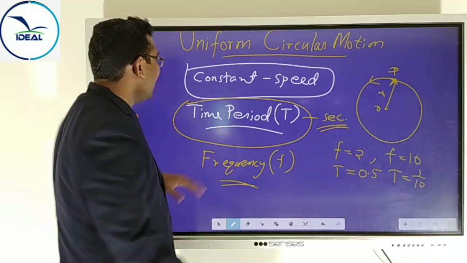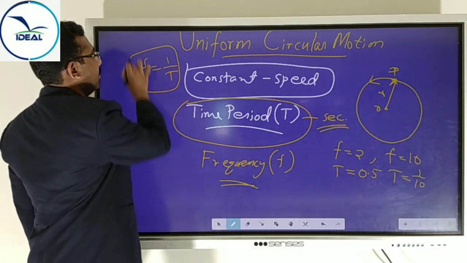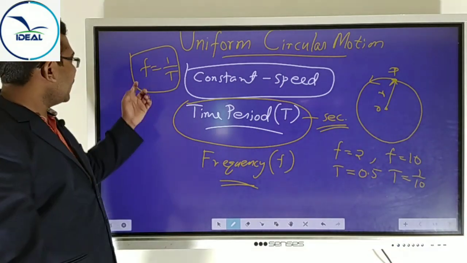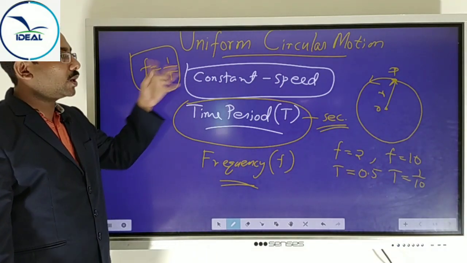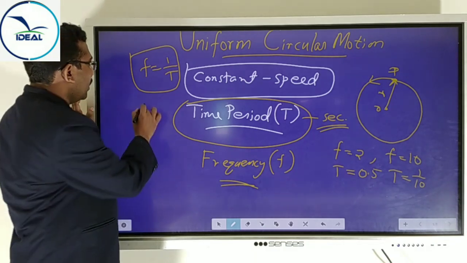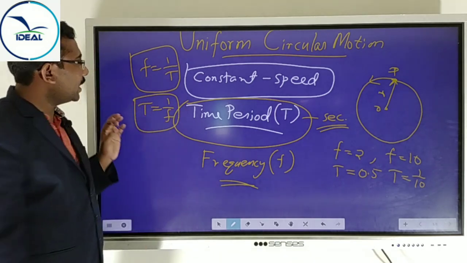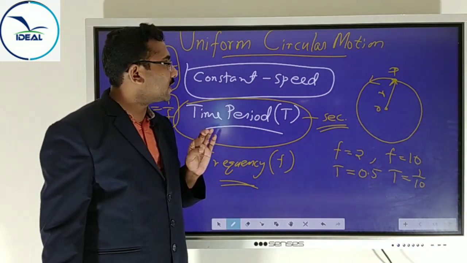Then you can say f equals 1 by T. Frequency and time period are related as reciprocals. f is equal to 1 by T, or T is equal to 1 by f. This is the relation between time period and frequency of revolution.